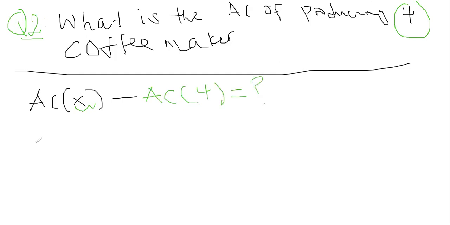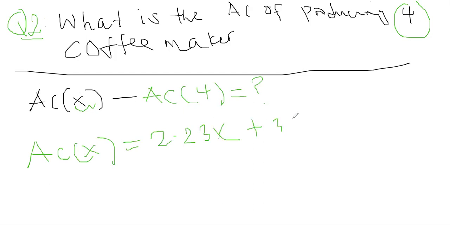To do that, we know that our average cost function is 2.23x plus 3.5 plus 85 over x. Now we can substitute for our 4 coffee makers.